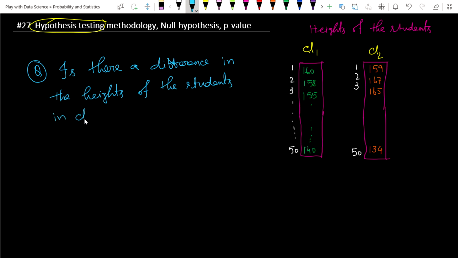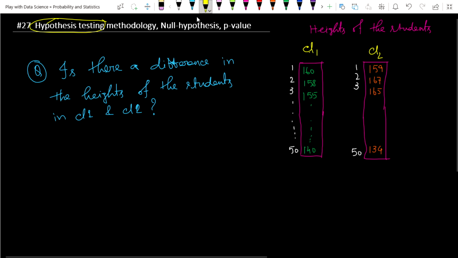That's the task we want to answer. So is there any difference between the students of these two classes? That's the answer we want to get.